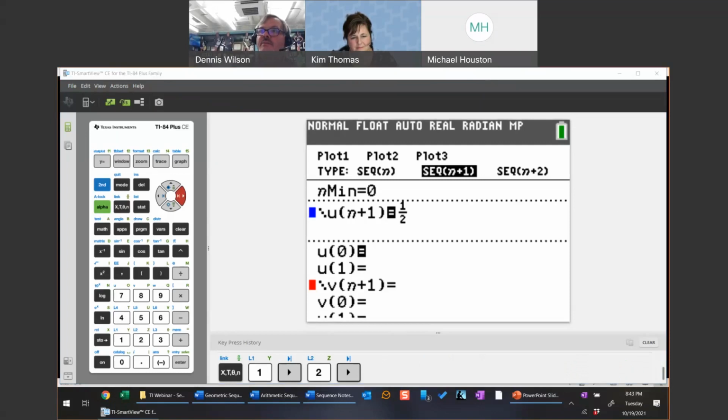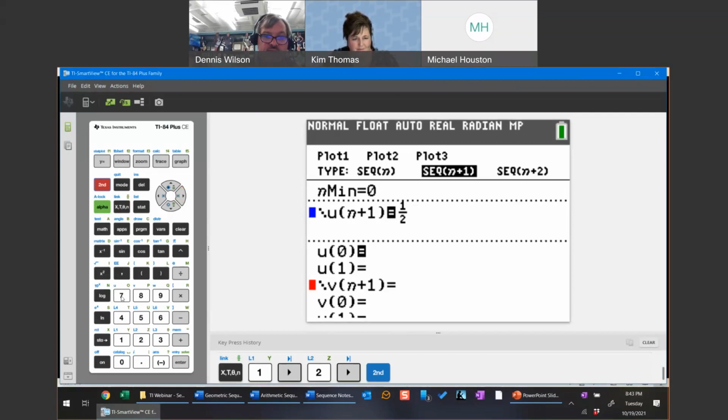One of the things I might do is look at this blue u above 7. If I press second 7, it would give me that u, and I could open up a set of parentheses and type in n. So 1/2 times u sub n.